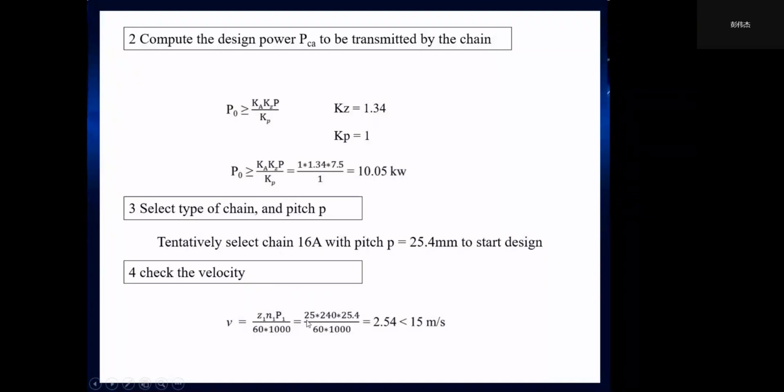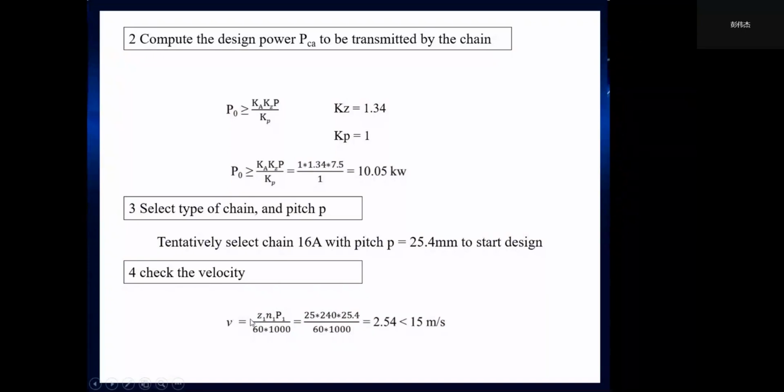We select Z1 as 25, and N1 is 240 revolutions per minute, and for the 16A series chain, the pitch P is 25.4.